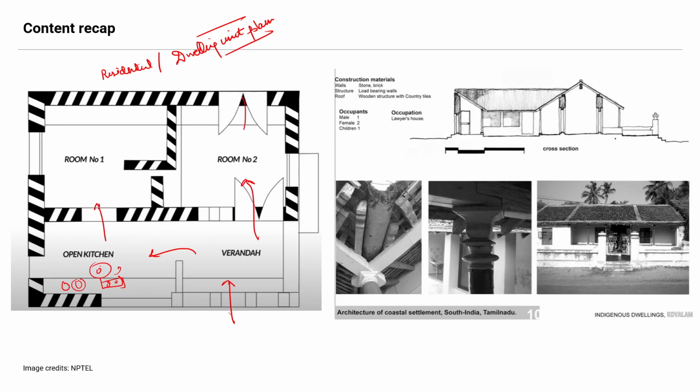So you can see here how the dwellings were created. They utilize the slope roof concept, and it's basically because of the heavy rains which come, right? Normally, wherever there is snow and rains, the roofing would be sloped roofing.